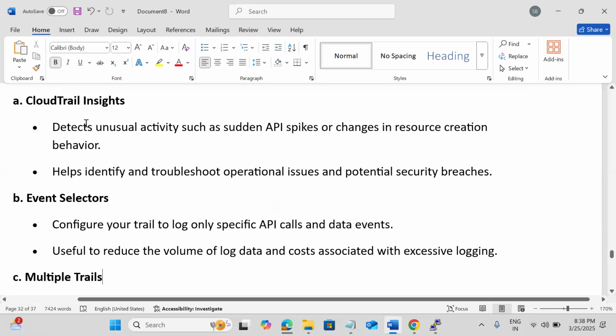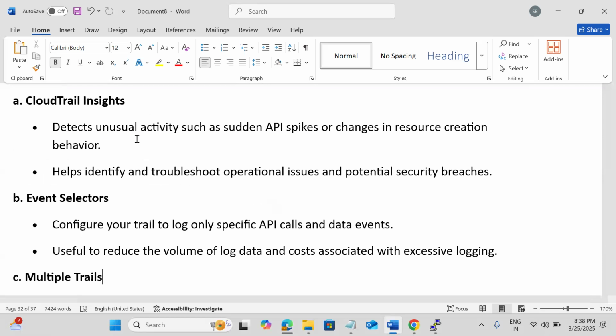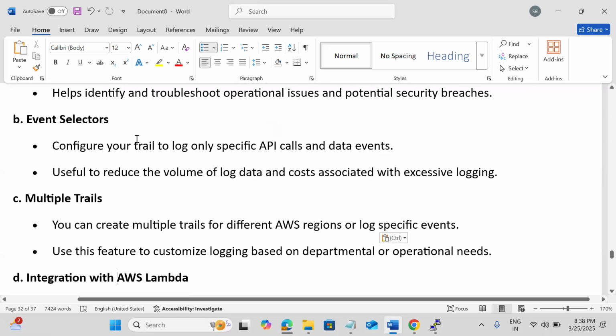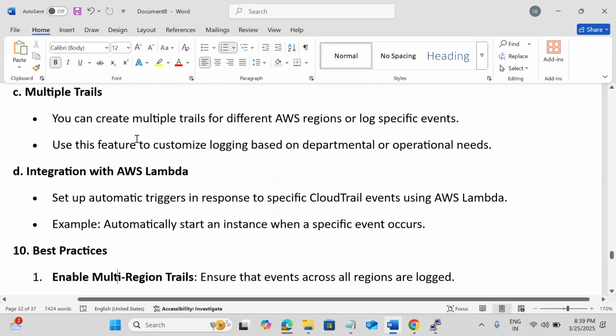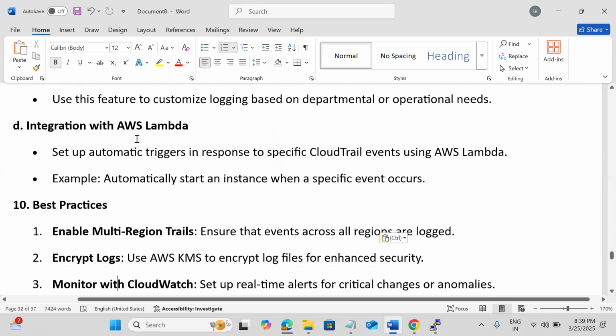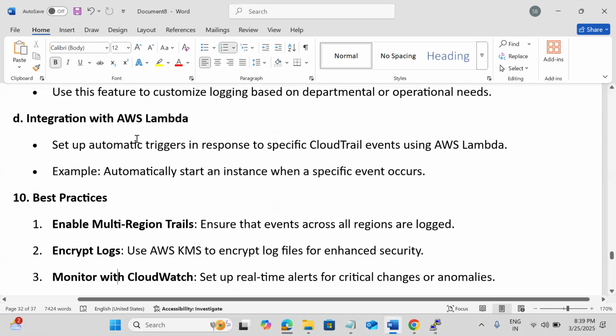And even in the insights, if unusual activities are happening, a lot of APIs hitting programmatically, a sudden spike of API calls, all these events are recorded also. We need to troubleshoot why those things are happening. Okay, and by default, we are getting CloudTrail, but we can enable our own multiple trails also for the AWS regions. Okay, and we can integrate with the CloudTrail events using Lambda functions.